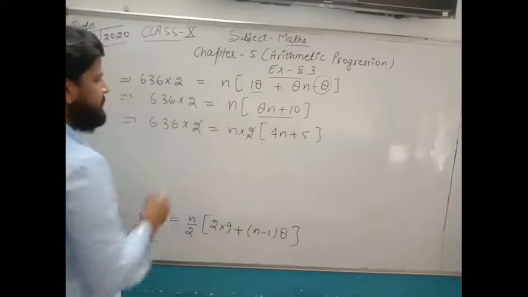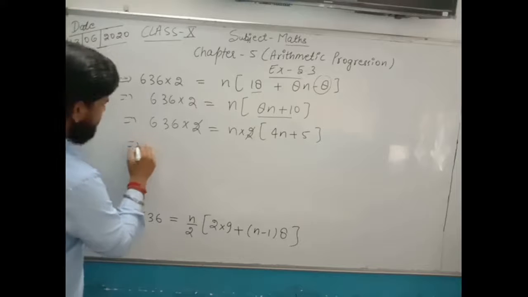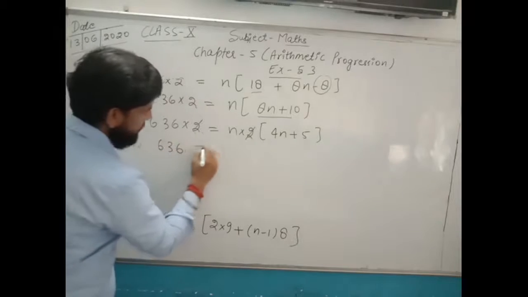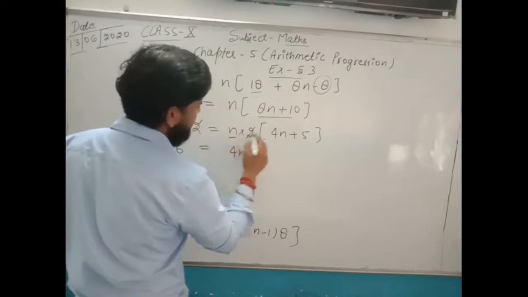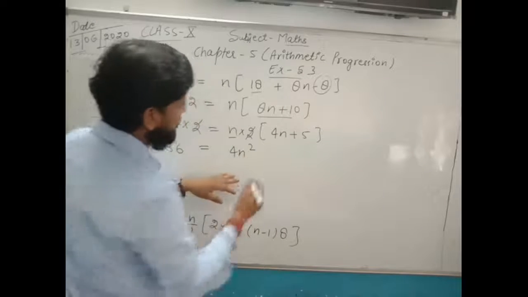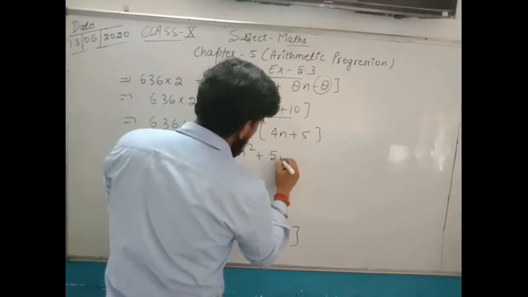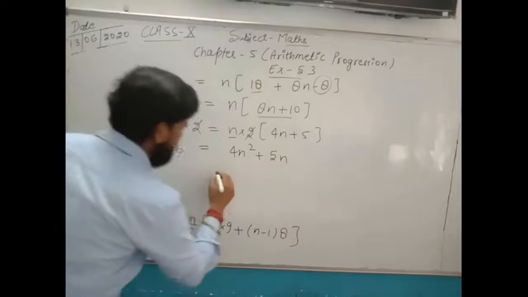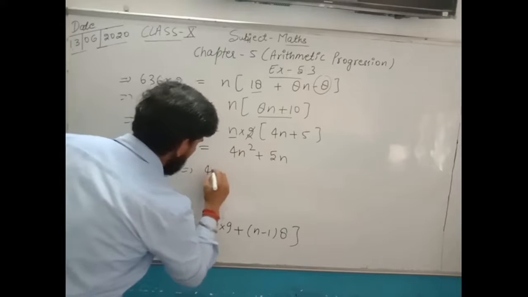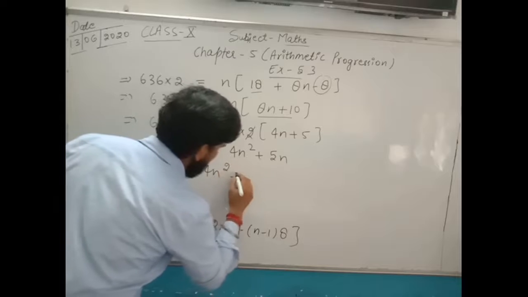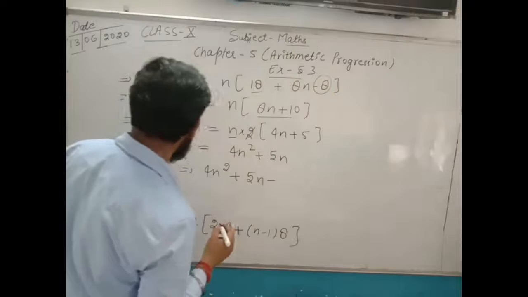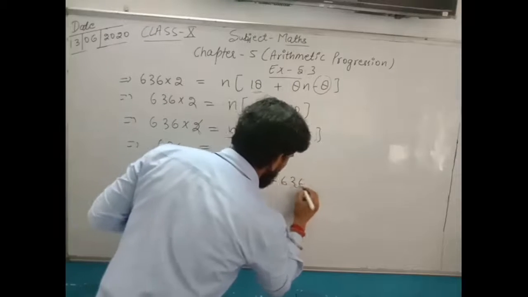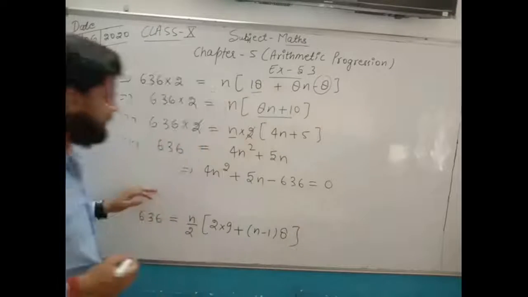Here 2 is cancelled by 2, so 636 is equal to n multiplied by (4n plus 5), which is 4n square plus 5n. So this is forming a quadratic equation: 4n square plus 5n minus 636 is equal to 0.